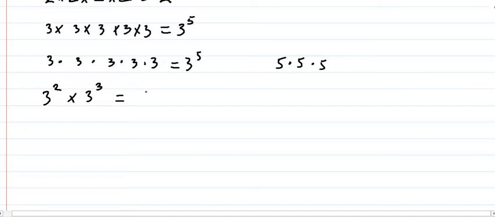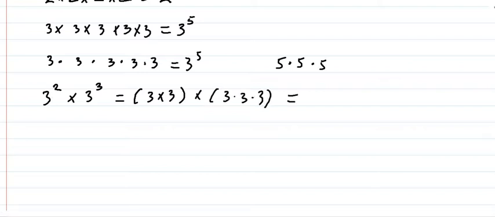And we can write that out in full as being 3 times 3 multiplied by 3 times 3 times 3. The answer is very easy to work out. It's going to be 3 to the power of 1, 2, 3, 4, 5.